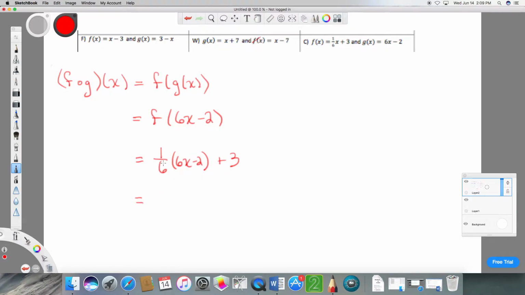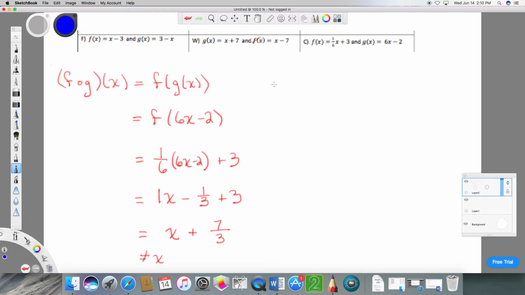When we distribute, when we take 1/6 of each of these terms, we get 1x minus 1/3 plus 3. So 3 minus 1/3 is 2 2/3, and 2 2/3 would be written as 8/3, right? This is not equal to x, so these are not inverses.